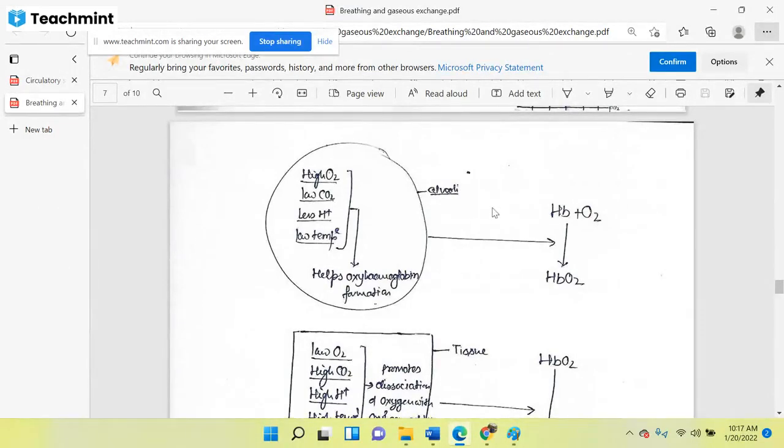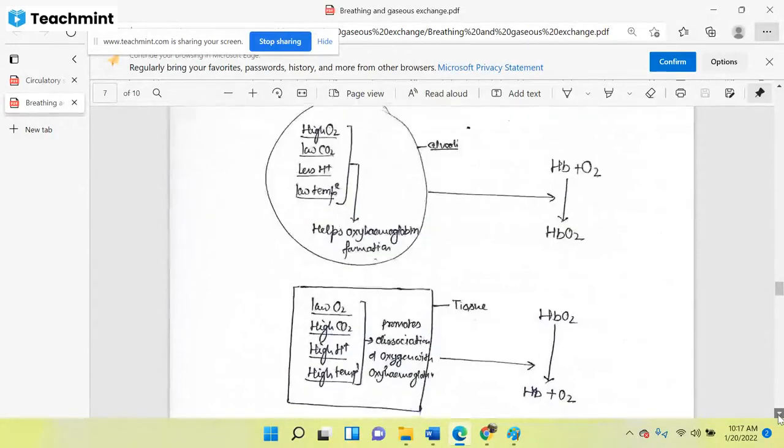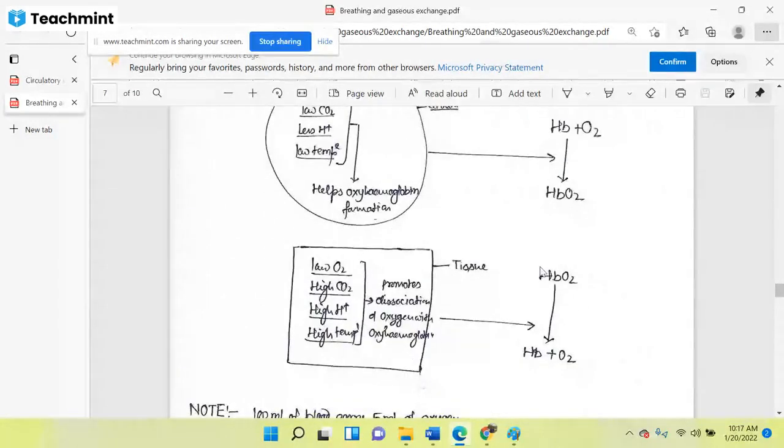Here, capital H and B is generally the term we use to represent hemoglobin. This hemoglobin binds the oxygen in alveoli, but the same hemoglobin, which has captured the oxygen, releases the oxygen in tissues.